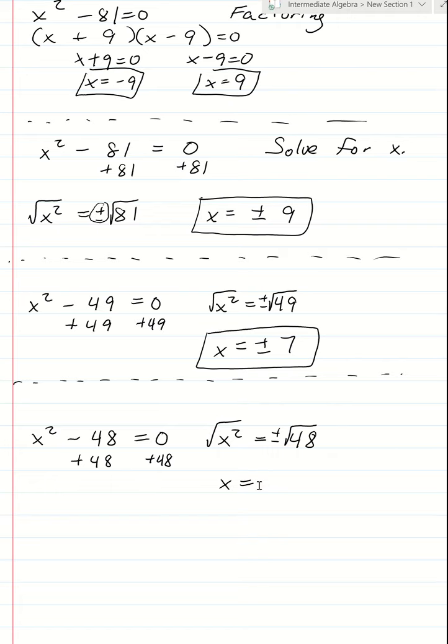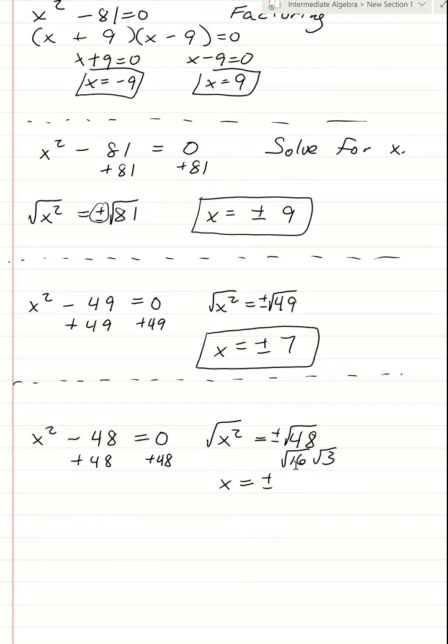And of course, when we take the square root of x squared, we get just x. Now, the square root of 48, 48 is not a perfect square. So we can't leave our answer like this. We have to, as always, like we learned in chapter 9, simplify this radical. So we're still going to have the plus or minus, but now we have to think about how we can simplify the square root of 48. Well, we can use the factors of 16 and 3.